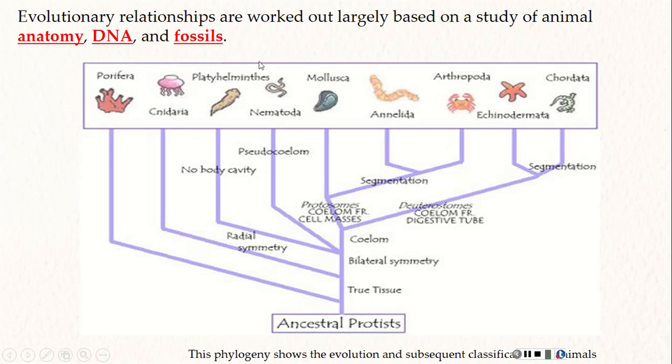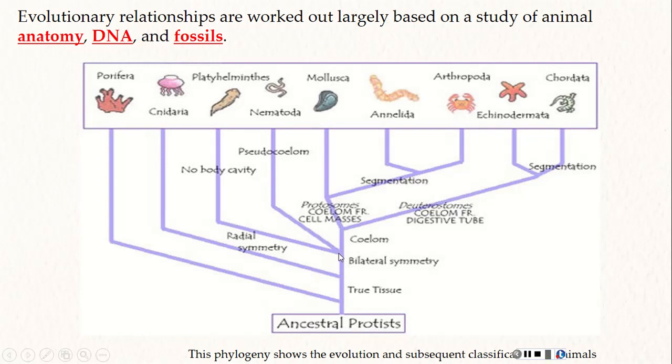Again, this just serves as an illustration, and I like the way that this is organized. So we have our ancestral protists here, and then no tissue. So we have our sponge species over here. We start to see the development of true tissue. So a two-tissue system gives us radial symmetry, which gives us things like our jellyfish or other cnidarians.